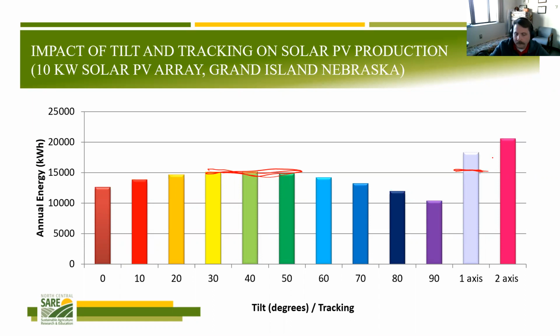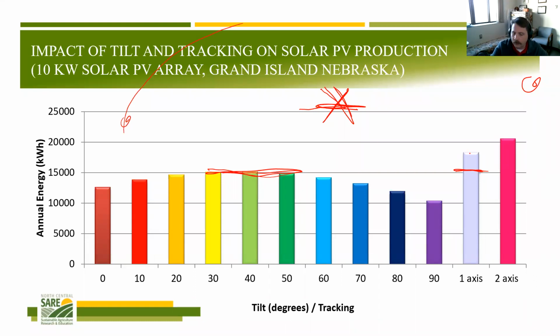One axis tracking is a system that faces east in the morning to get the morning sun. Then as the sun passes across the sky, it simply tilts, and it'll be flat at noon, and it'll tilt to the west in the evening. So it's just tracking on one axis, on one pivot point.